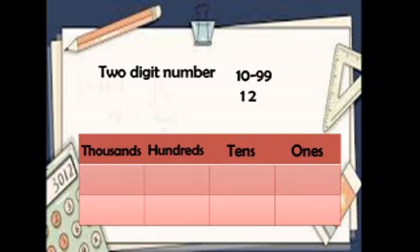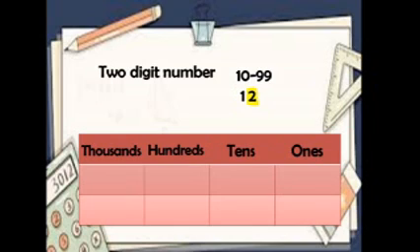To find ones, we should look at the last number. What is our last number in 12? We have 1 and 2. What is our last number? 2. Very good. Our last number is 2.